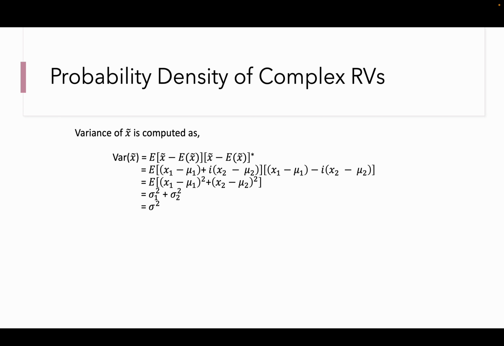So x1 minus mu1 square plus x2 minus mu2 square comes from that theory.